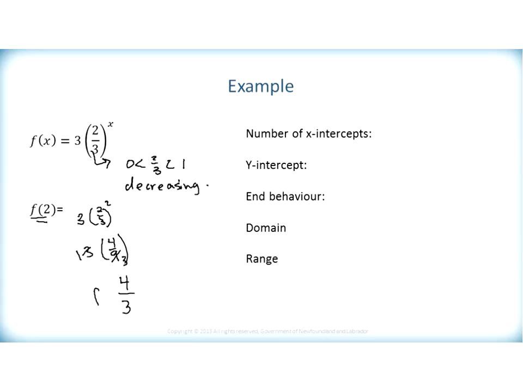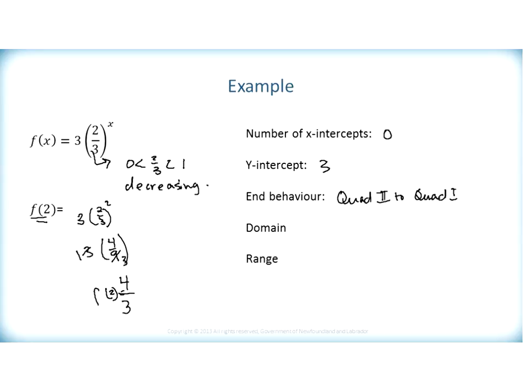So f of 2 would equal 4/3. The number of x-intercepts here would be 0. The y-intercept would be 3 again. End behavior is quadrant 2 to quadrant 1.